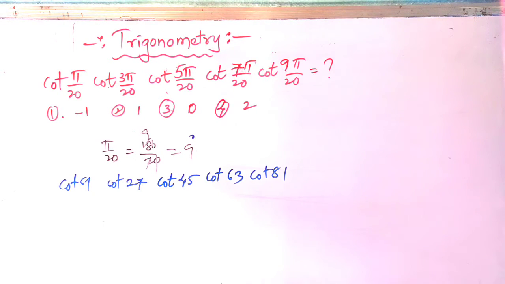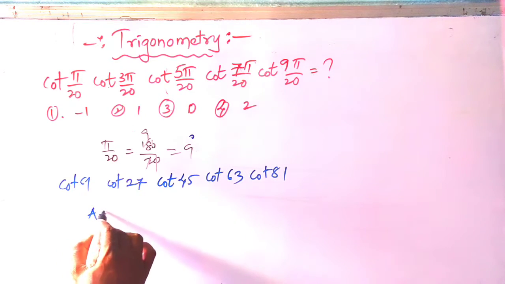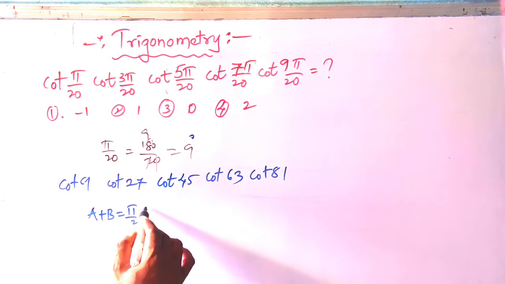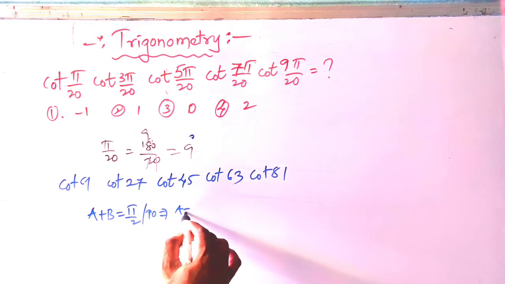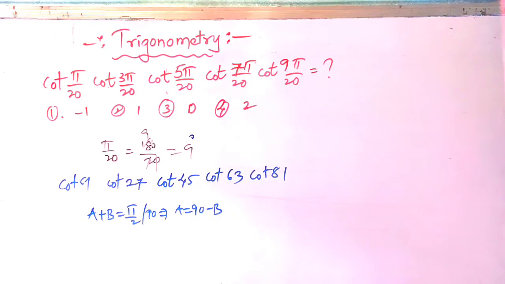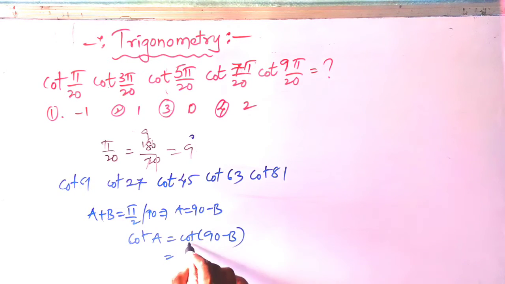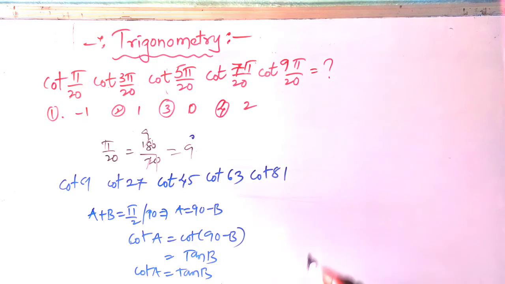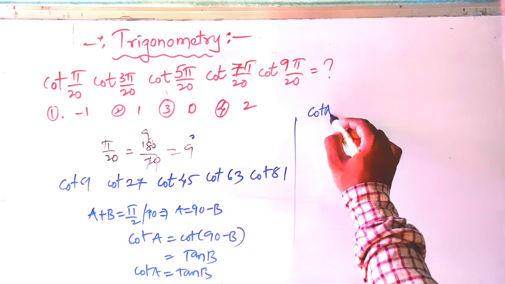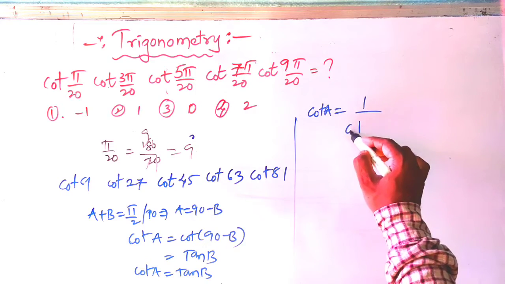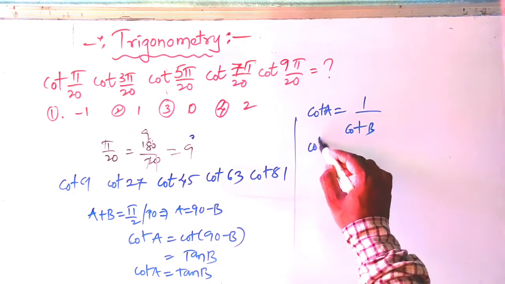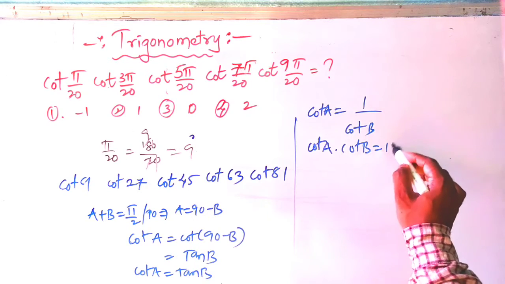I will write here. Okay, then here also we take A plus B equals pi by 2, or 90. That implies A equals 90 minus B. So we are applying cot here. What we get here? Cot A equals cot of (90 minus B). Again cot changes into tan B. So cot A equals tan B, which can also be written as 1 by cot B. So now cot A into cot B equals 1.